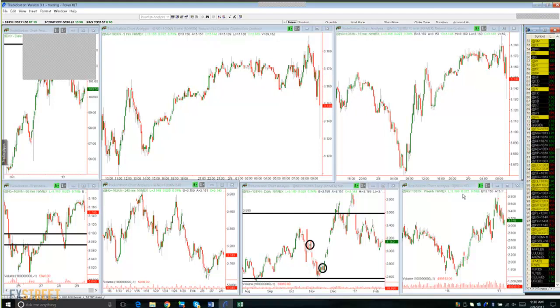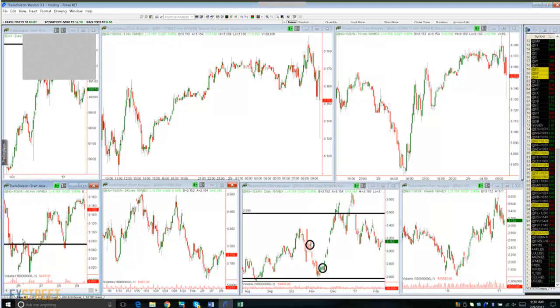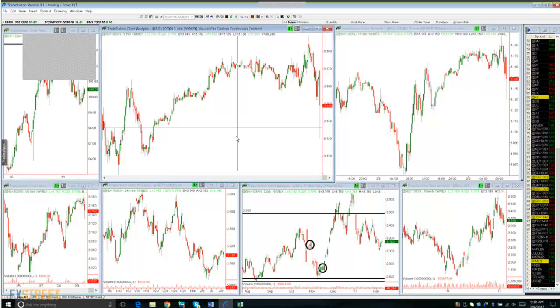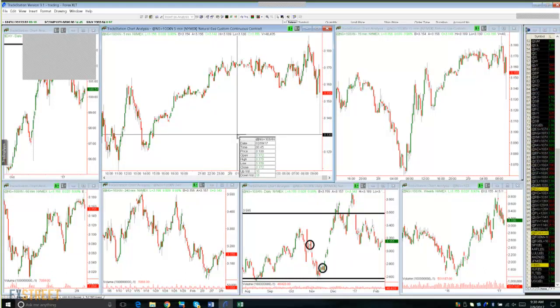What do I want to show you? Natural gas. Oh, it's 9:30. So yeah, we want to be looking at oil and natural gas here. Oh, yeah, price. Oh, we just missed that one.